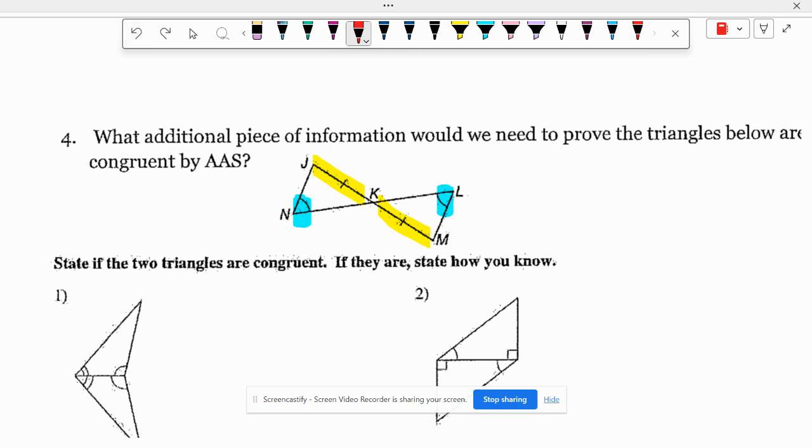Say it. What kind of angle is that in the middle? Those are vertical angles. So even though they're not marked, these two are congruent to each other by vertical angles. So do we need anything else? No, we don't. Nothing else is needed.